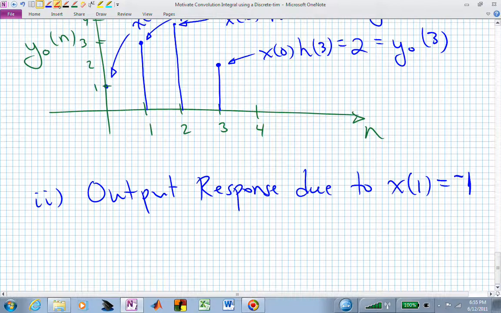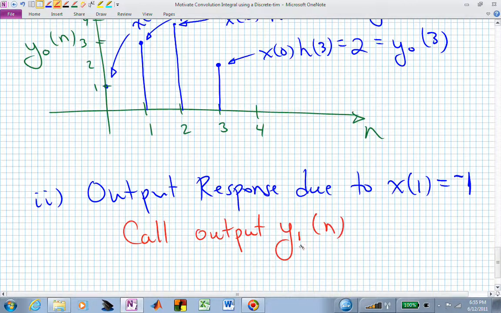Consistent with what we had done with notation before, let's call that component of the output y sub 1 of n. Again, this 1 is due to the value of the input at time n equal 1.